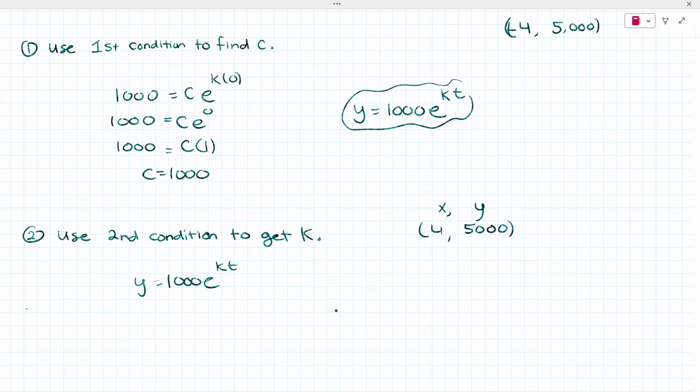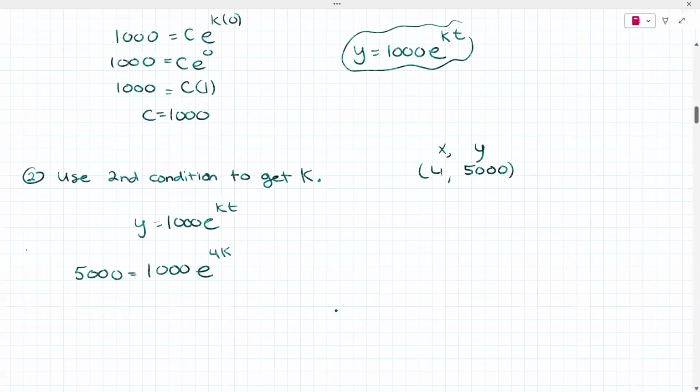Replace y with 5,000 and replace our time with 4, so it's 4 times k. We're going to solve for k, so get rid of the 1,000 by dividing both sides by 1,000. This cancels, and you're left with e raised to the 4k equals 5,000 over 1,000, which is 5.